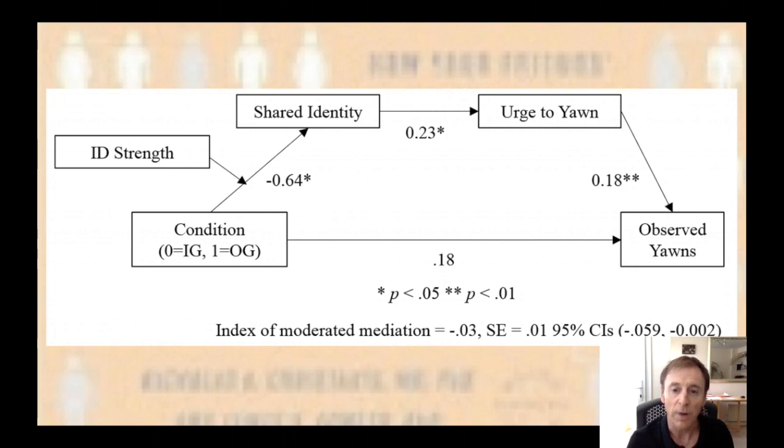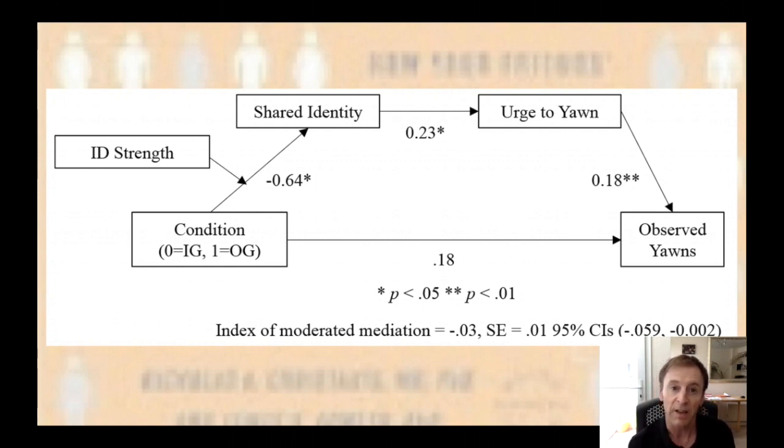So for the mediation part, what's going on here is that the extent to which the model is in-group predicts the extent to which you see the target as relevant to you, as sharing identity with you. That influences your urge to yawn, and that influences in turn the extent to which you do yawn.